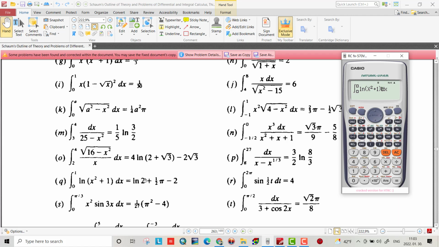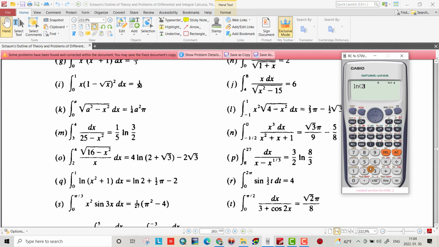Okay, boundary from 0 to 1. It equals 0.26394. Let's evaluate the answer to get the same result, 0.2639. Okay, I see. That is the answer.